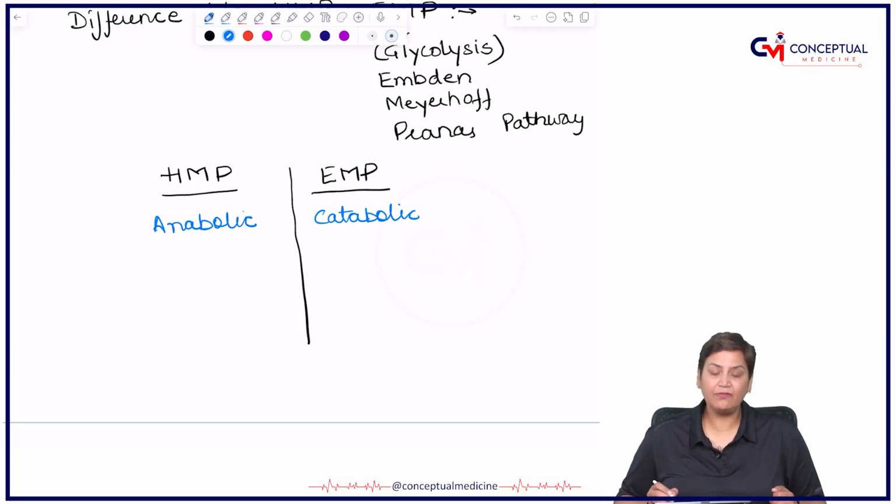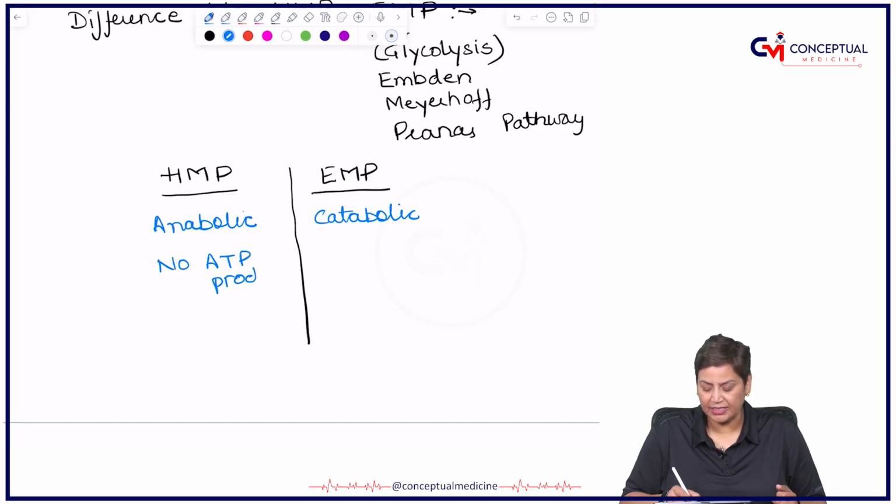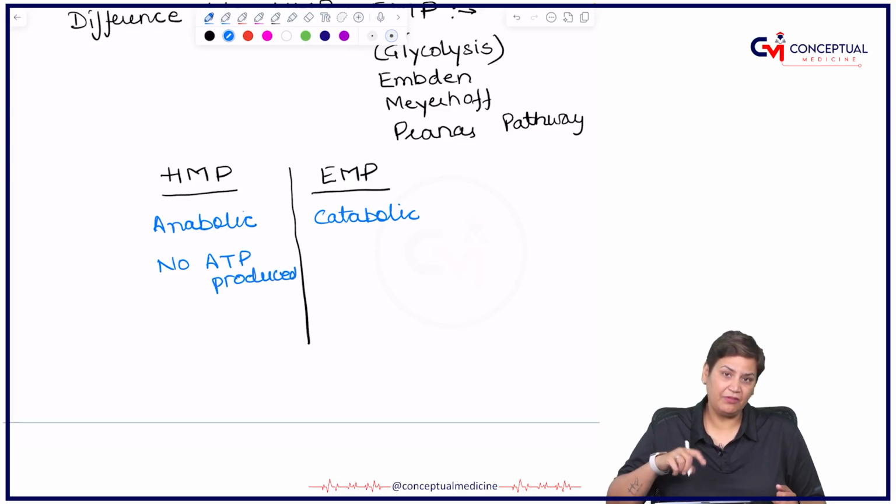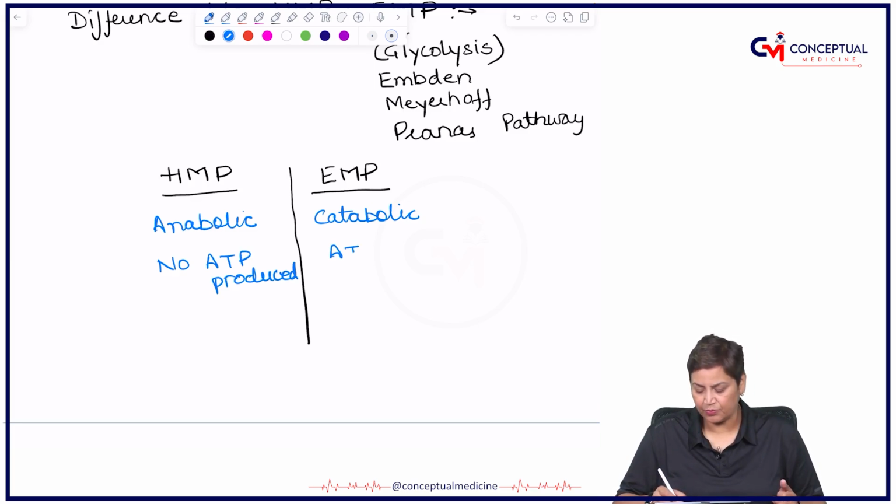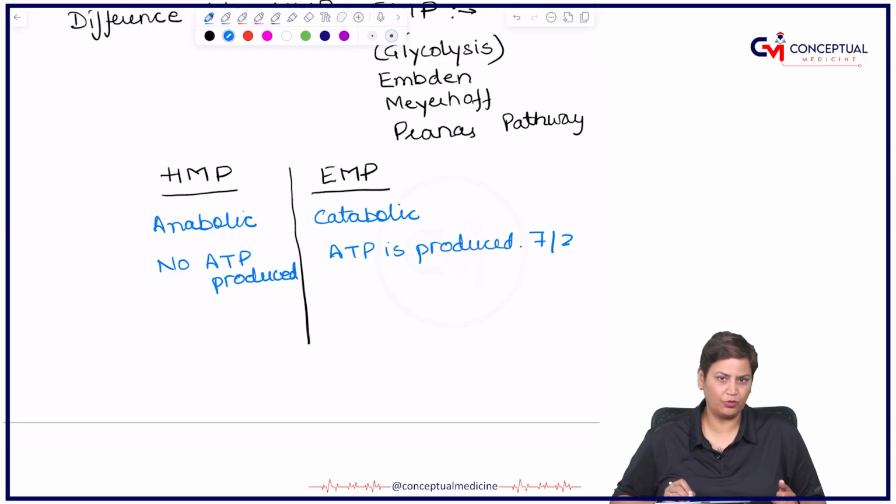And if we talk about the energetics, since it is anabolic, there is no production of ATP, so no ATP is produced in HMP shunt. Whereas in glycolysis, we know that in aerobic medium 7 ATP or in anaerobic 2 ATP are produced.